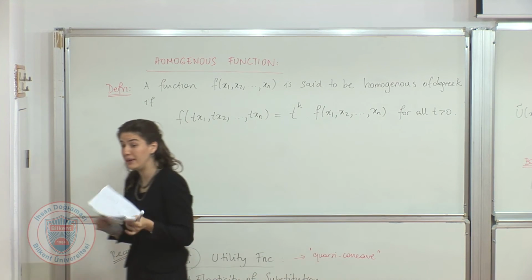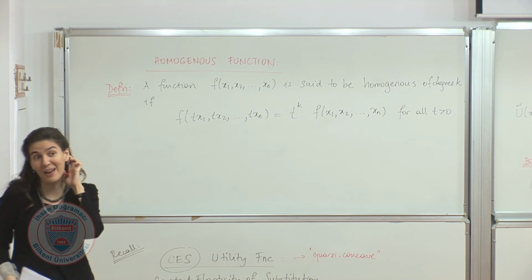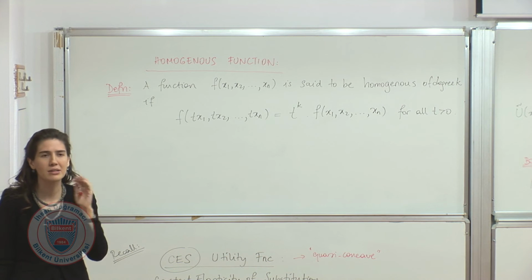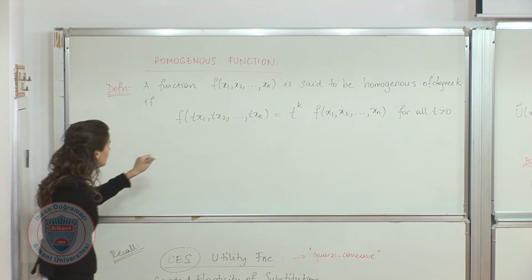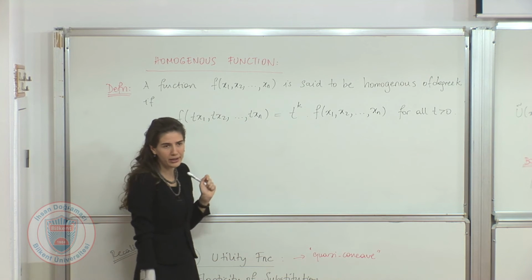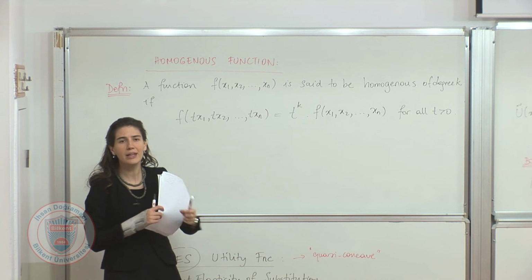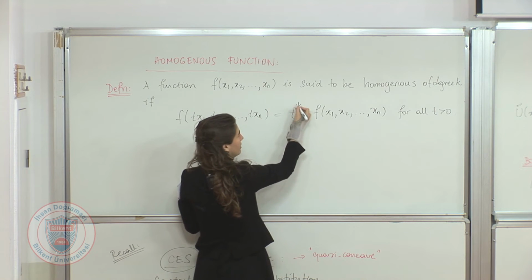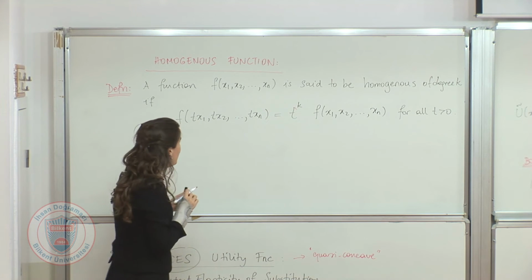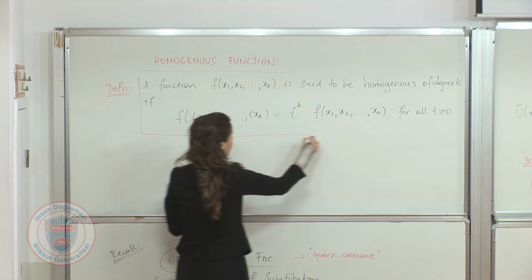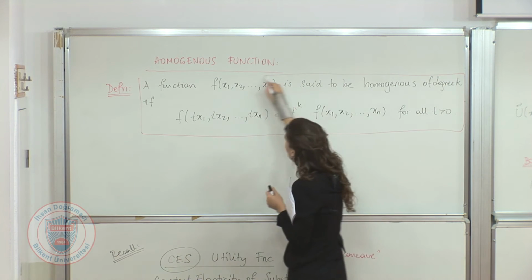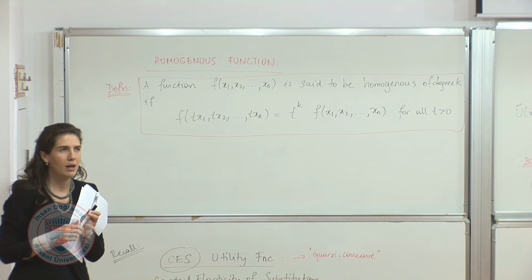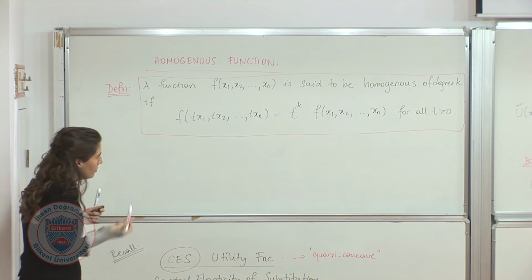So it cannot be true only for doubling, when t is equal to 2. It should hold for any positive constant that you multiply these arguments with. It pops out, and if it's homogeneous of degree 5, then it pops out t to the power 5. This will have much more of a meaning when we come to production theory, but it also has a meaning here.